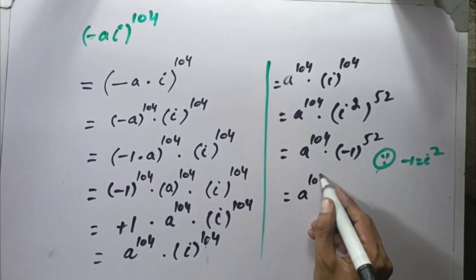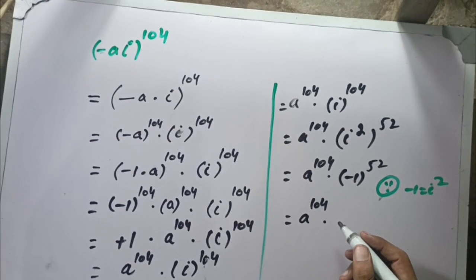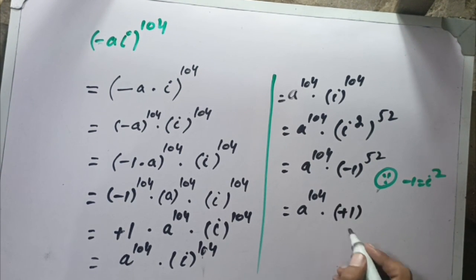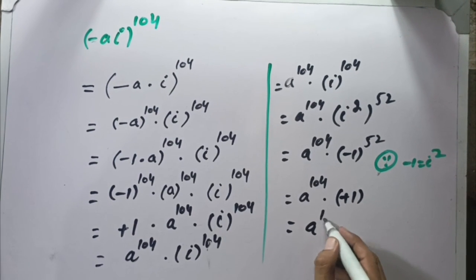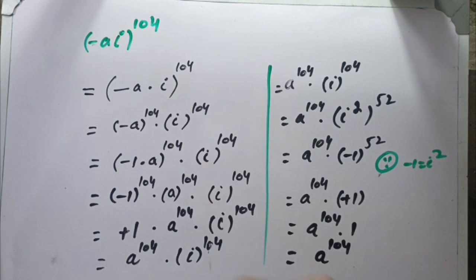As I mentioned earlier, minus 1 raised to an even power is always positive, so this is equal to plus 1. This gives a raised to power 104 multiplied by 1, which is a raised to power 104, the answer to our question.